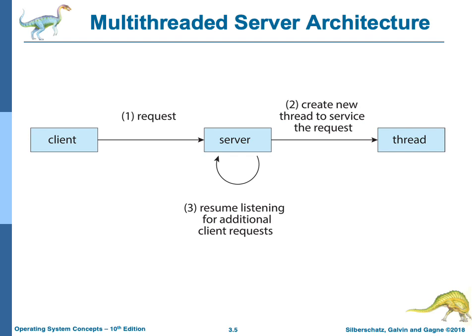So let's take a look at this scenario where a server runs a single process that accepts requests from clients. Remember, we talked about this in the client-server architecture, right? So when the server receives a request, it creates a separate process to service that request, okay?